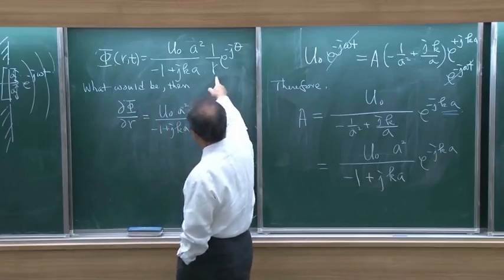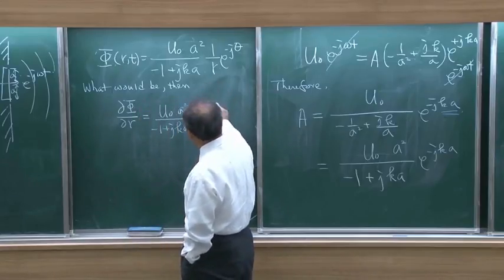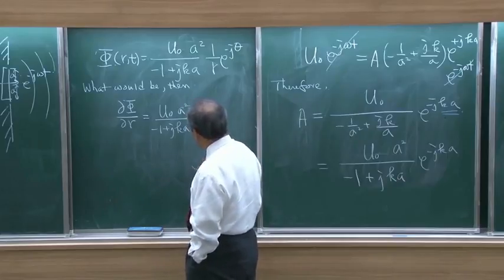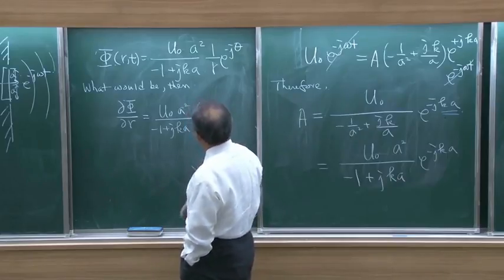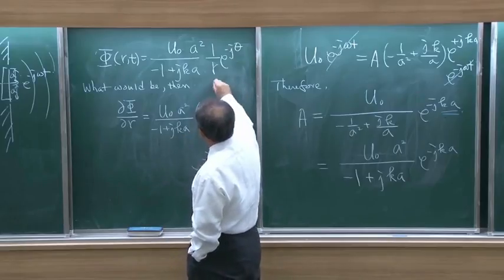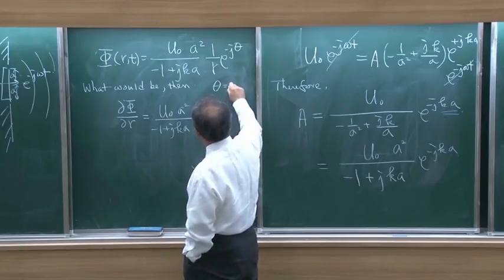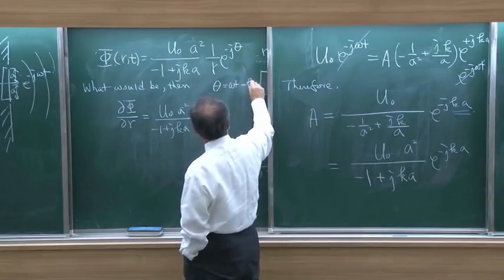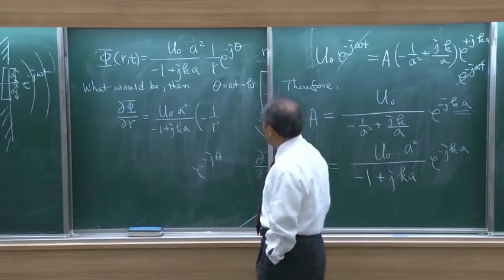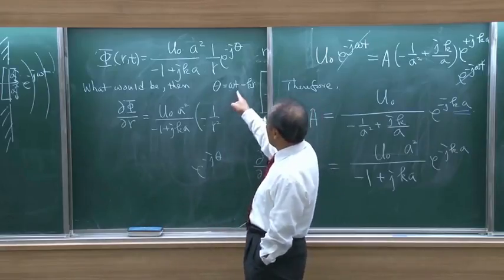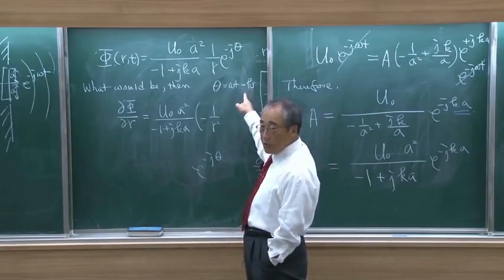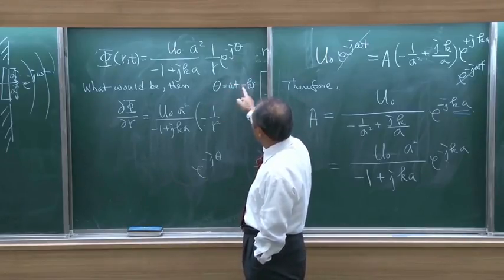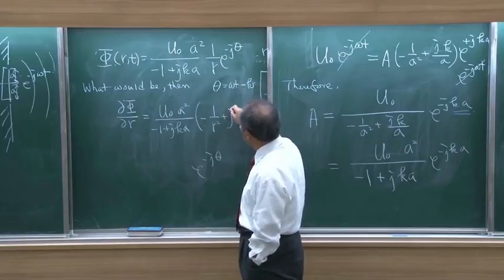Taking a derivative with respect to r will give me minus 1 over r square. And I have exponential j theta over here. And I will take a derivative with respect to theta, that is omega t minus kr. So this will give me what? I take derivative with respect to r, then I have j minus will give me plus jk.